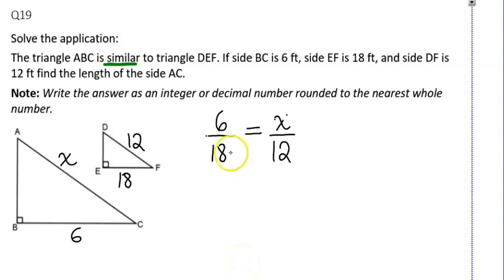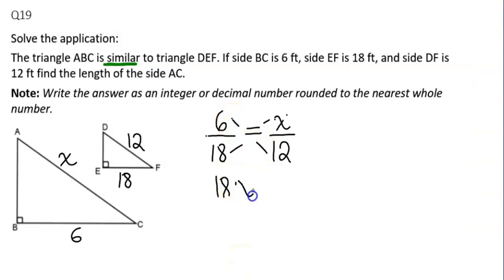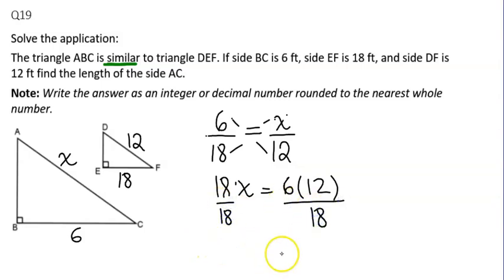Cross multiply this and that. So 18x, 6, and 12. Now what do I do to get x? Divide by 18.